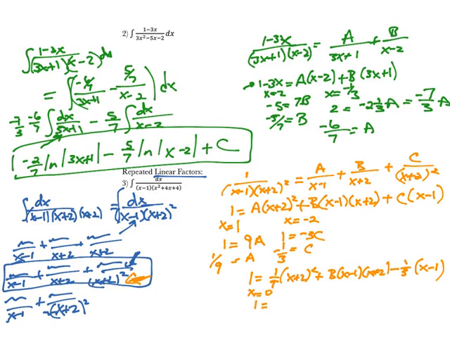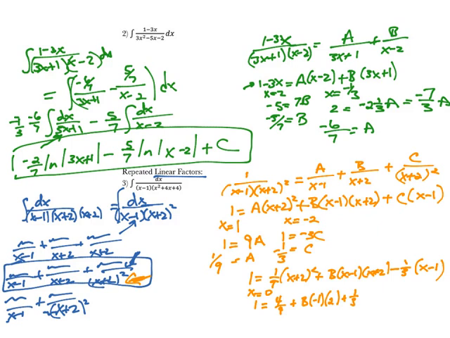So if I say 1 equals 0 plus 2 is 2 squared is 4, so that'd be 4/9, plus B times negative 1 times 2, and 0 minus 1 is negative 1 times negative 1/3 is positive 1/3.